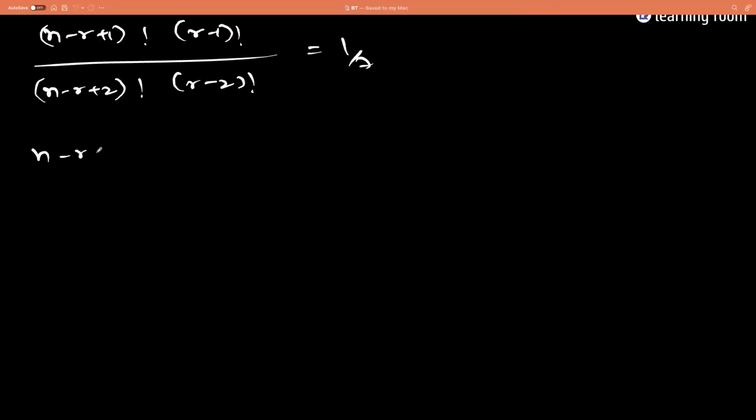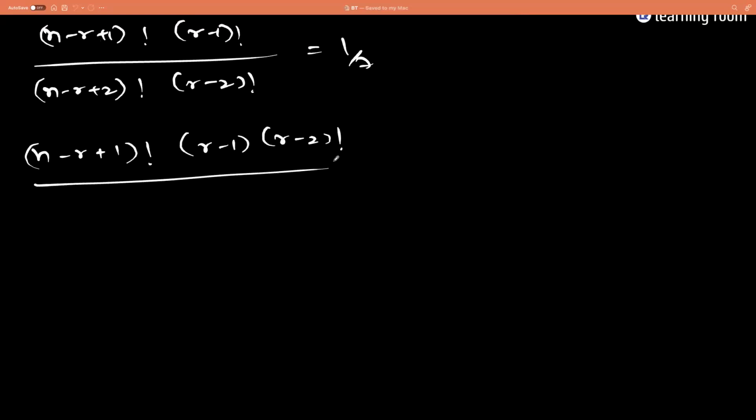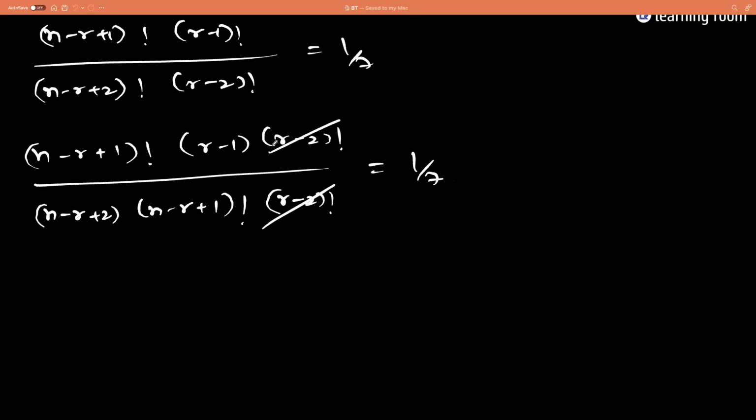So this will be (n minus r plus 1) factorial into (r minus 1) into (r minus 2) factorial, the whole divided by (n minus r plus 2) into (n minus r plus 1) factorial into (r minus 2) factorial. This will be 1 by 7.